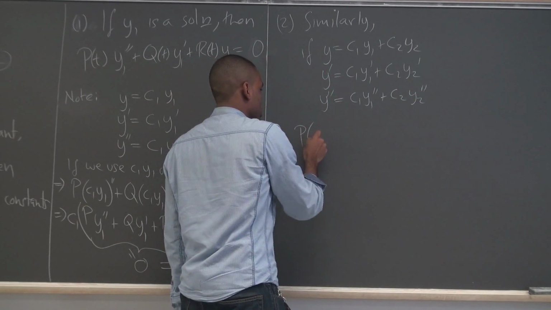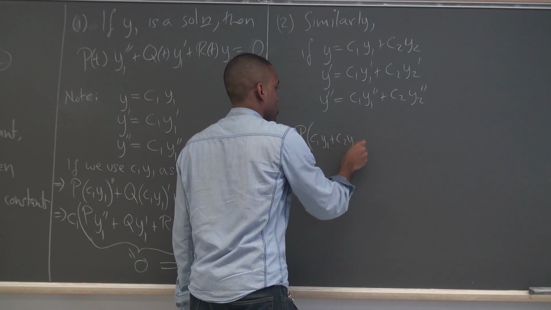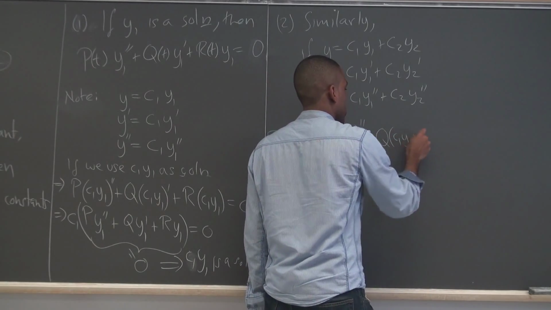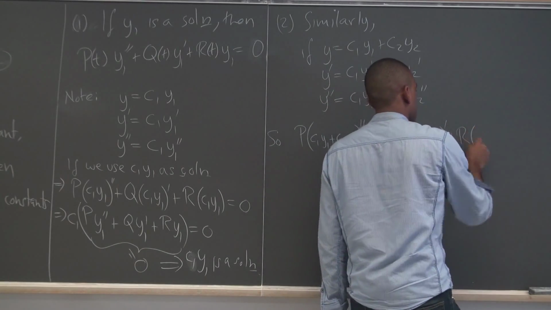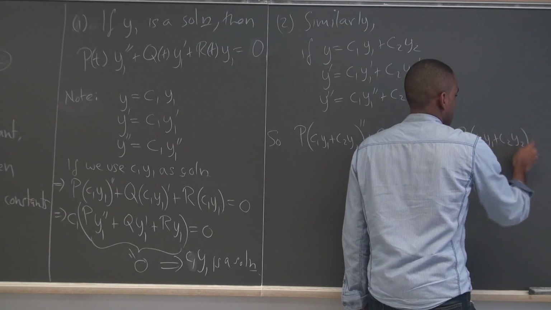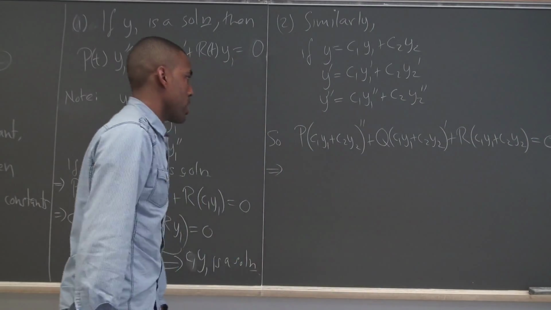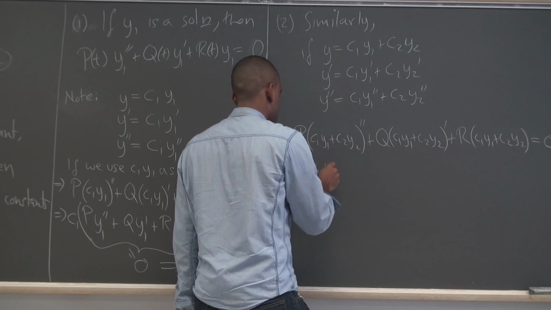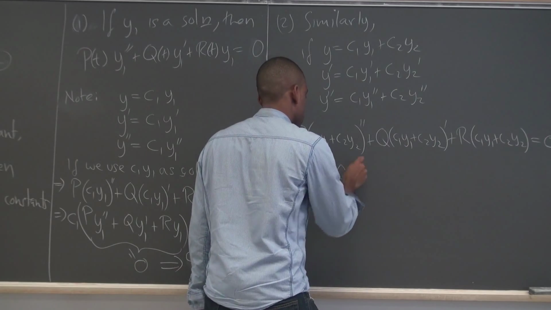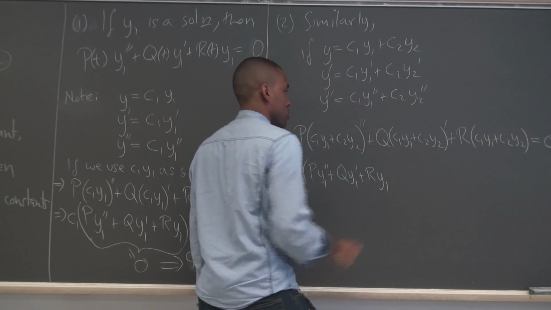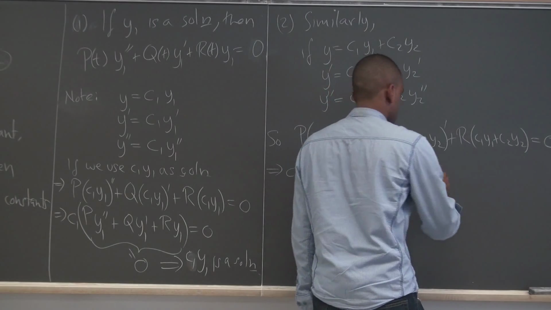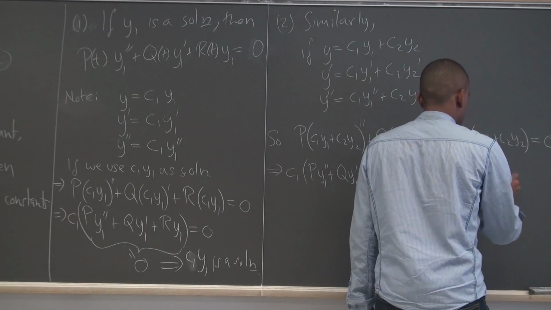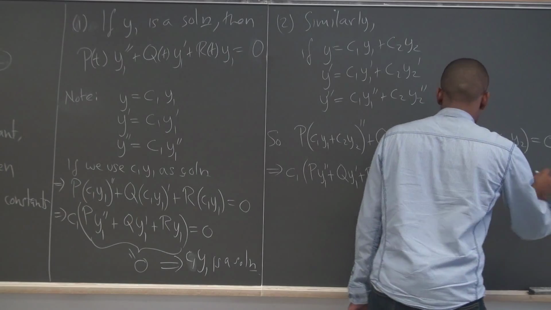So we would be able to write this as C1 times the first expression.